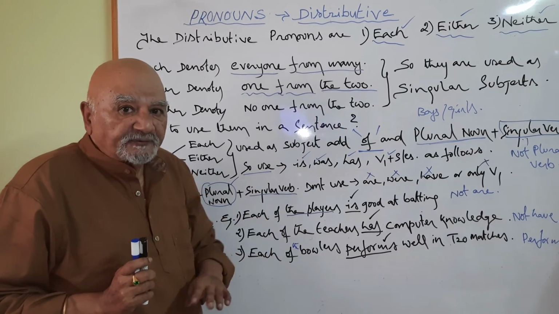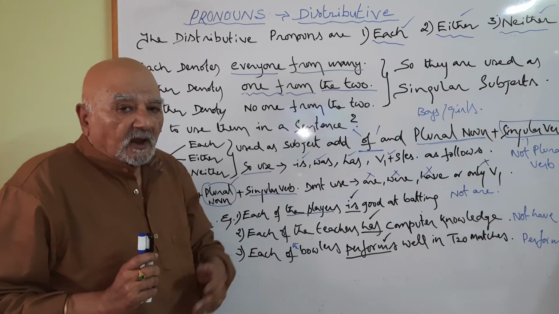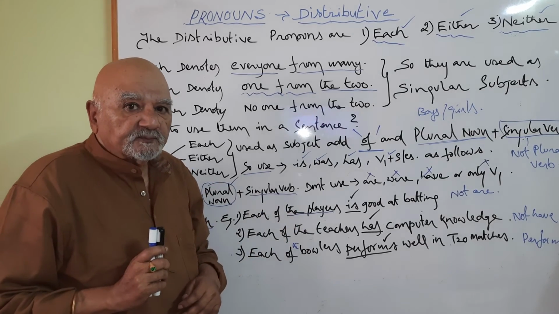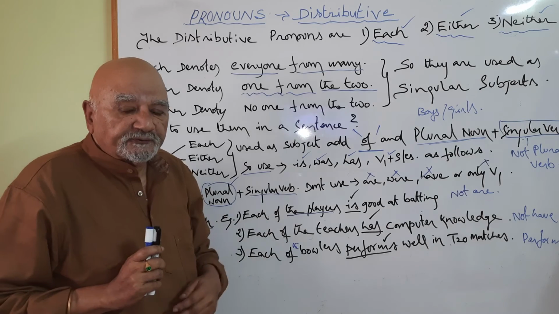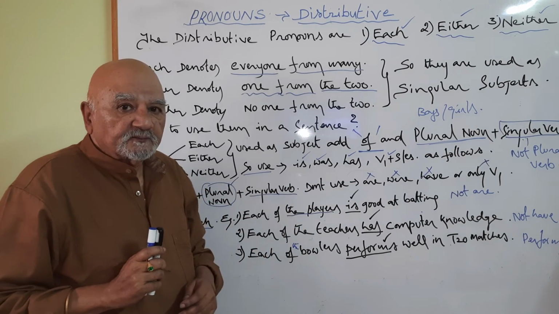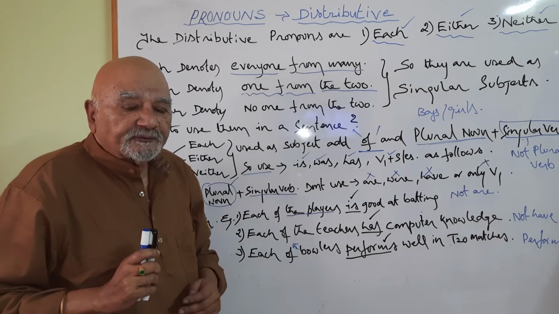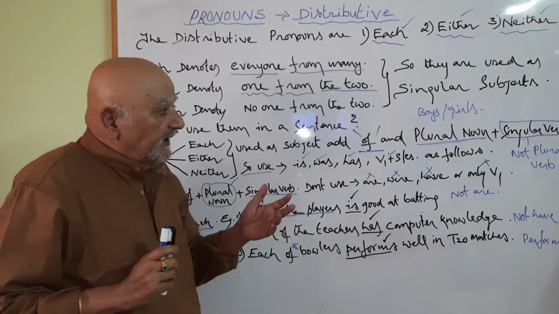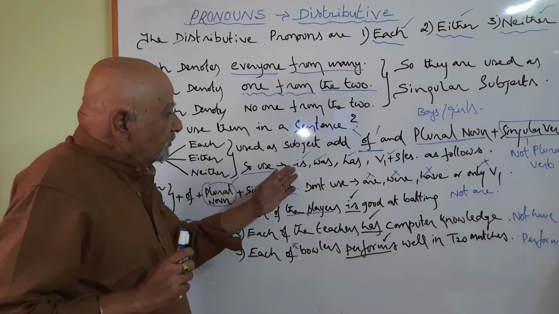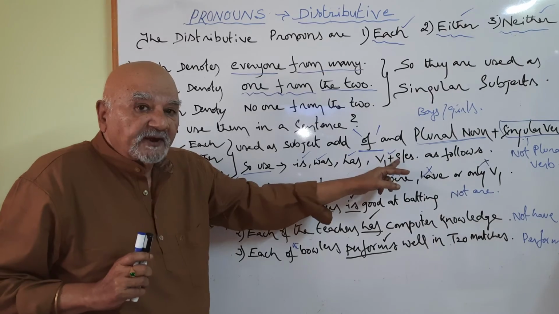Each of the elephants, each of the tigers, each of the birds, non-living things, each of the roads, each of the balls, each of the books, like that. So you use is, was, has, V1 plus S. This is important.